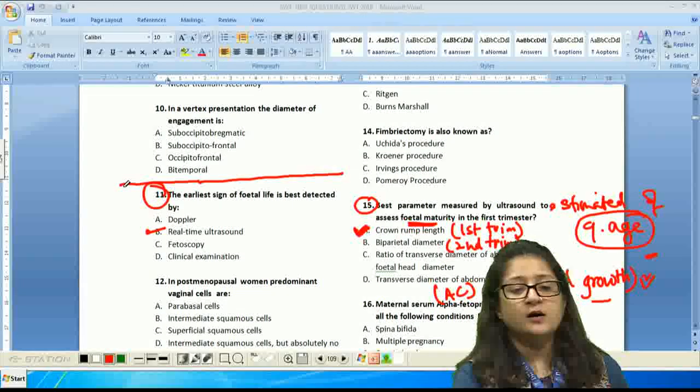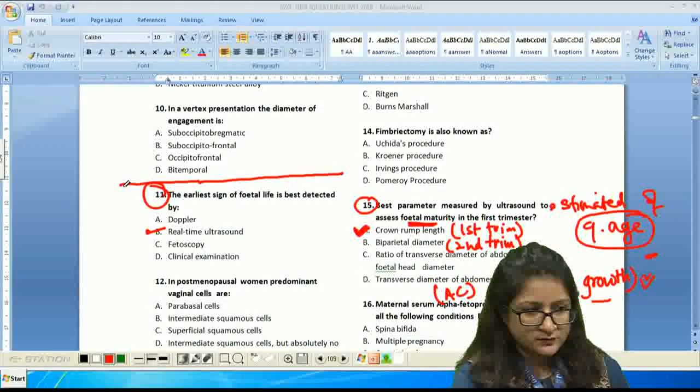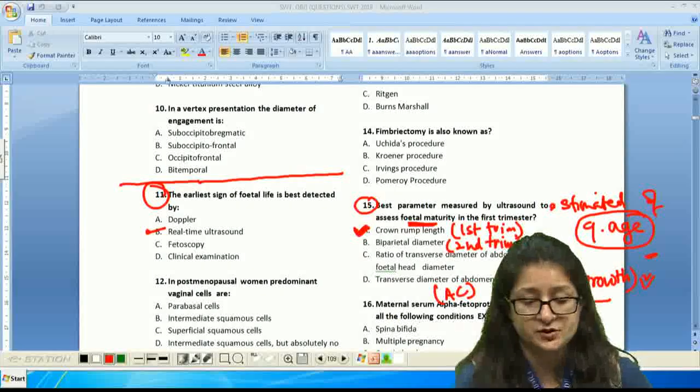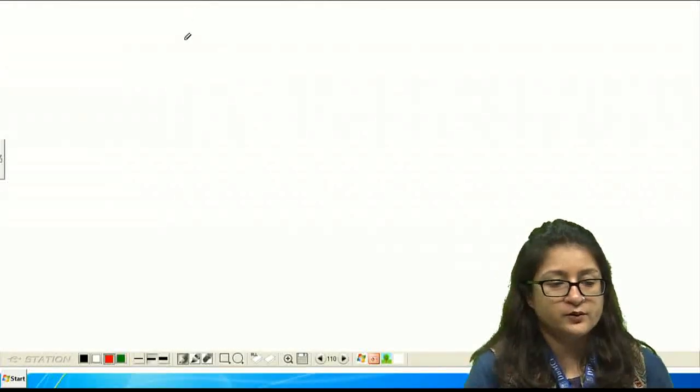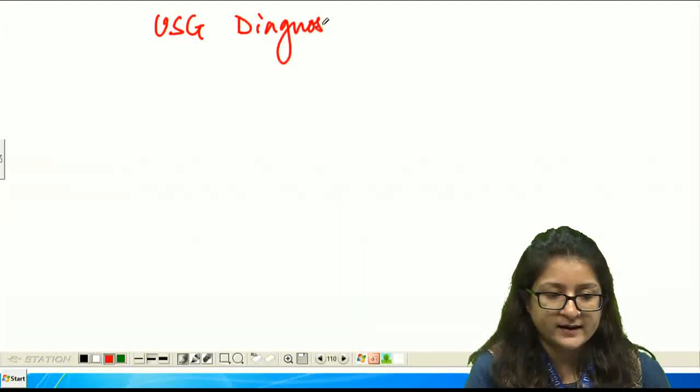Now I want to talk about this topic in a little bit more detail. Let me talk about the ultrasound diagnosis of pregnancy, all right, and estimation of gestational age.